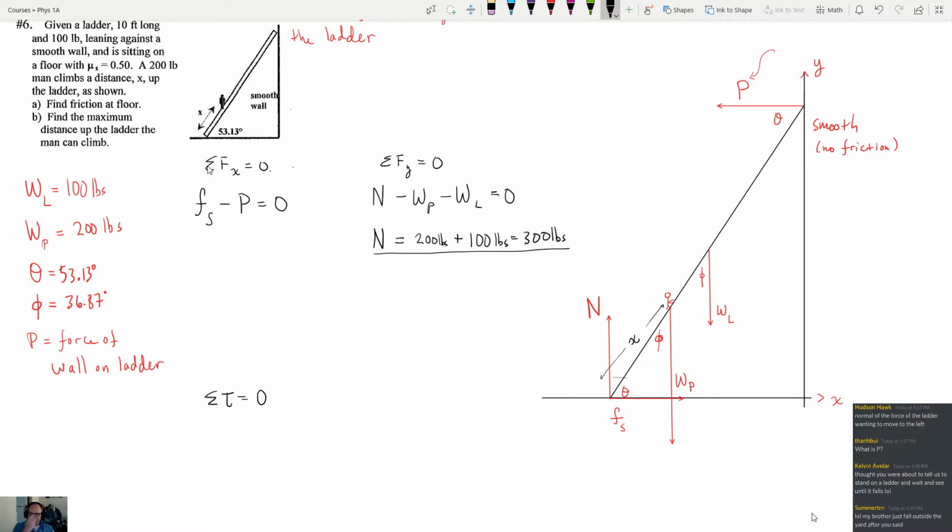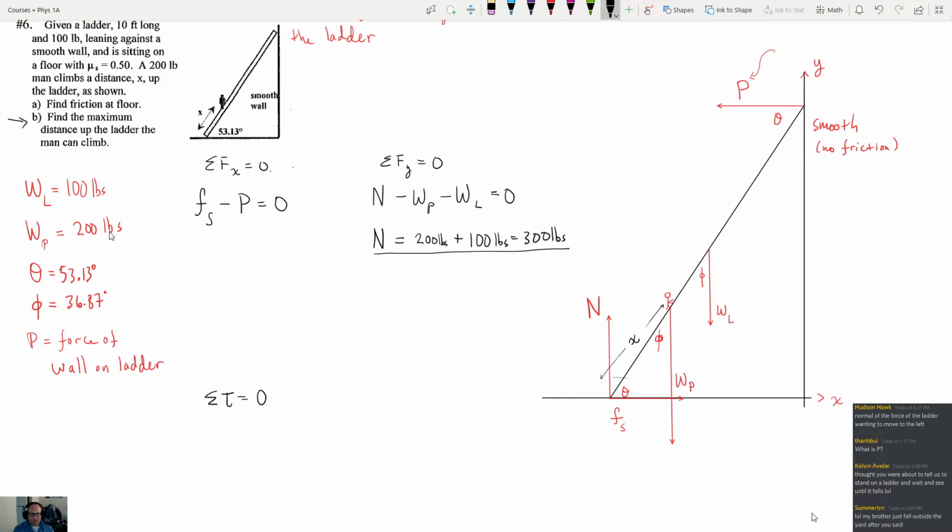Now, for part A, it tells us to find the friction at the floor. And this is a little bit tricky because I think you need to make some assumptions about this statement right here. Part B says, find the maximum distance up the ladder the man can climb.